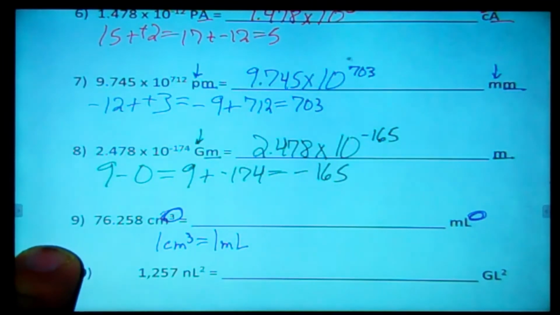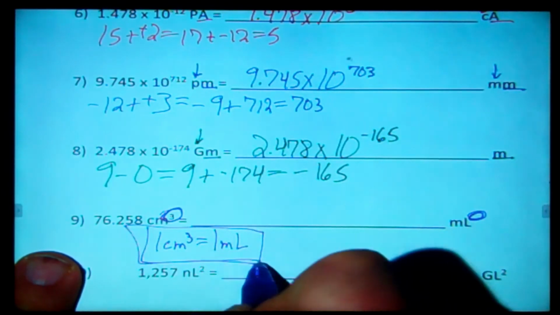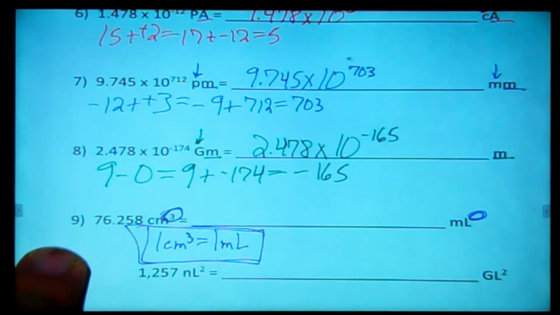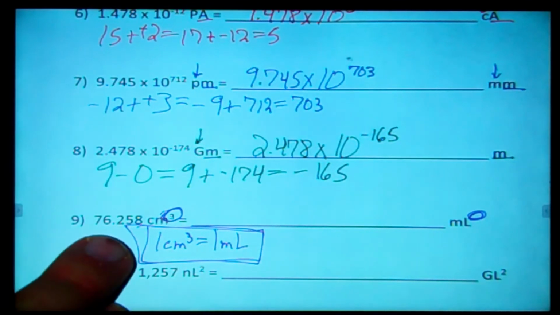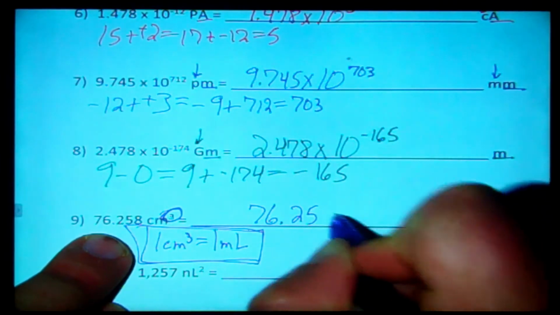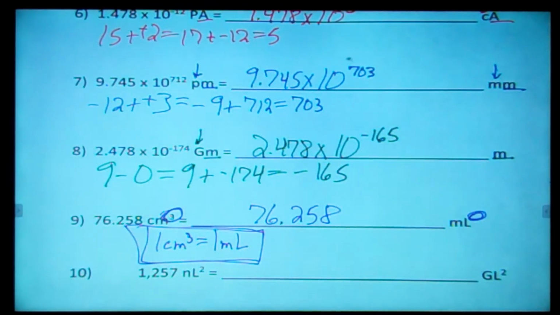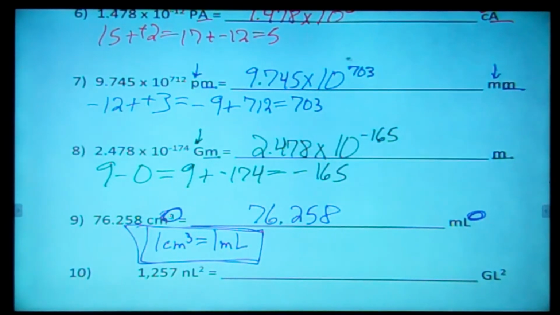That's where that identity comes from, and I told you, we will use this. You literally copy and paste the number. Doesn't matter what number I put. In this case, it's 76.258. I copy and paste the number. There's no times 10 or anything in that case. That's the only exception. Copy and paste.